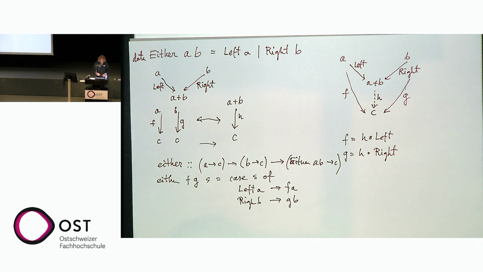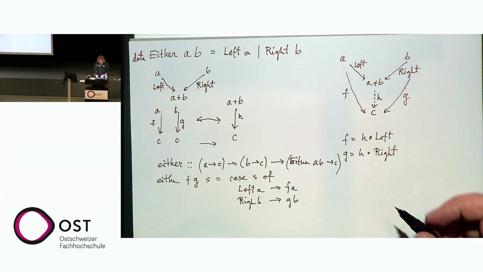There's not a nice point-free definition of either. At least I don't know. Does anybody know how to implement it point-free? No, essentially you have to have some kind of primitive somewhere to do that. So this is called the either function.